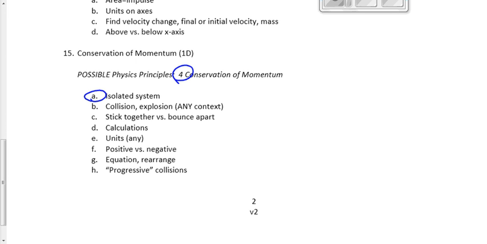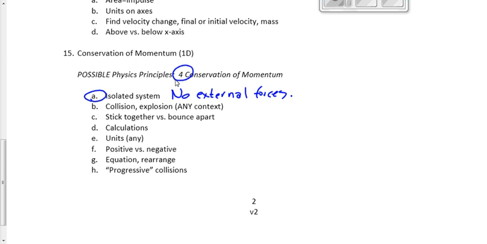We talked a little bit about this one earlier, an isolated system. That's a system in which there are no external forces acting. No friction, no wind or anything like that. In the end, we can't always isolate a system from external forces by removing those forces. So what we often see is a question where we're asked for the velocity of an object immediately after or immediately before a collision.